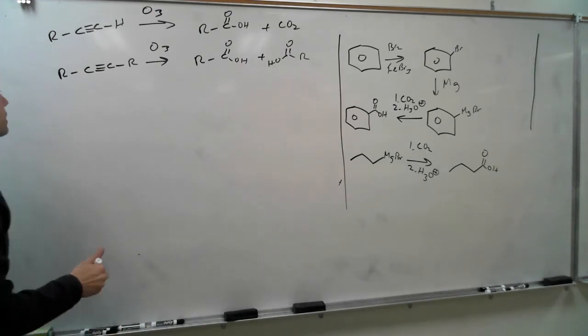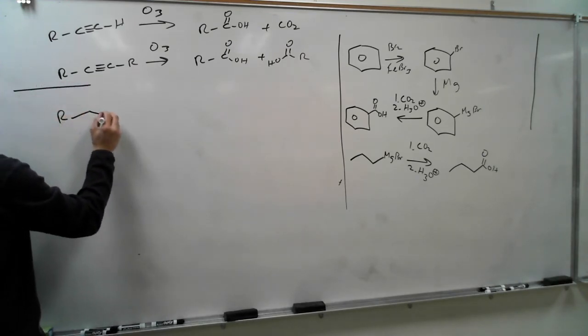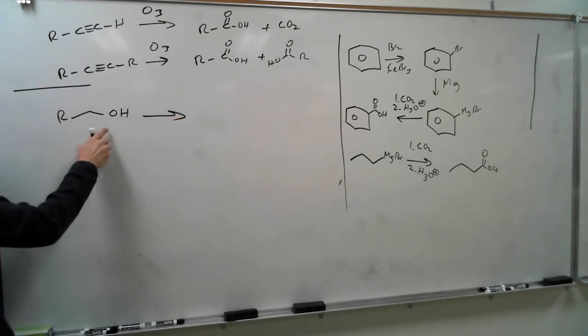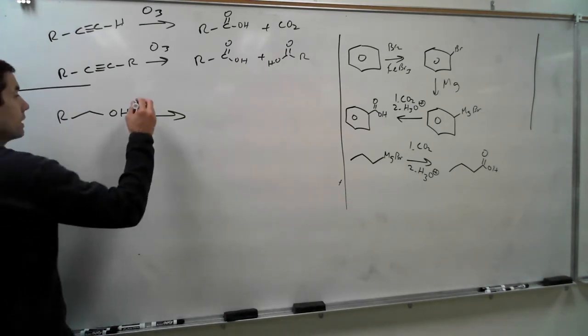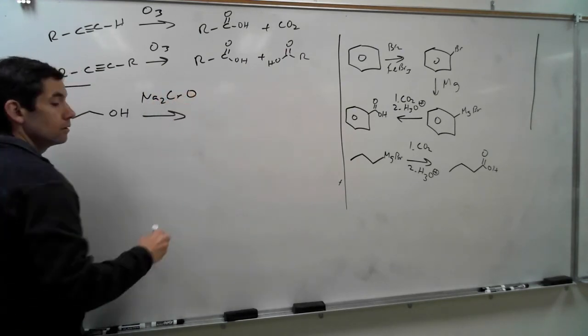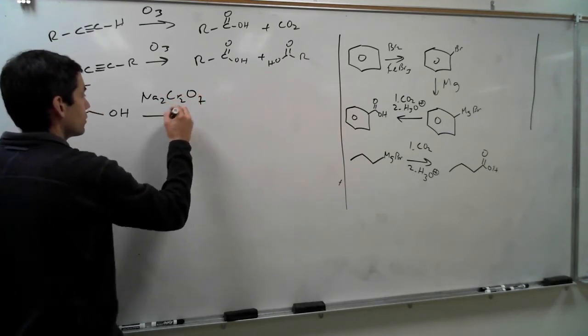The last way we can think about doing this is with our alcohols, right? Now, we can take this type of alcohol, what type of alcohol is it? It's going to be a primary alcohol, right? Primary alcohol. And we can react it with Na2Cr2O7, the chromium reagents, right?